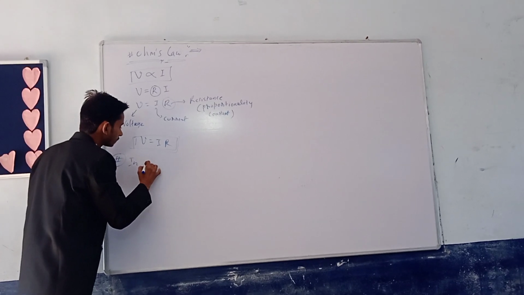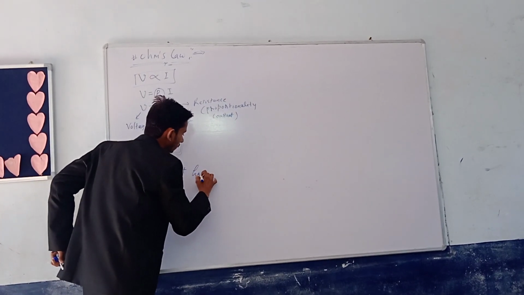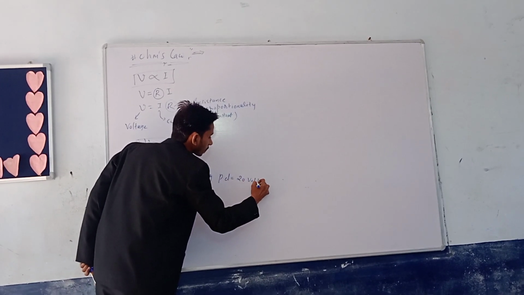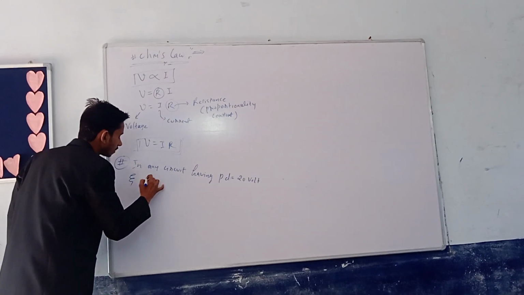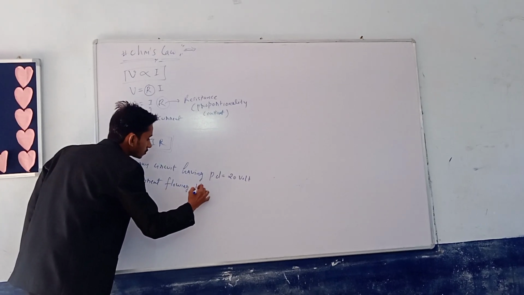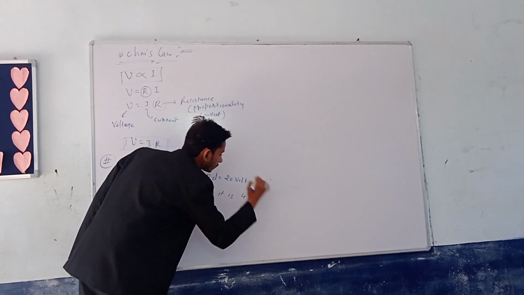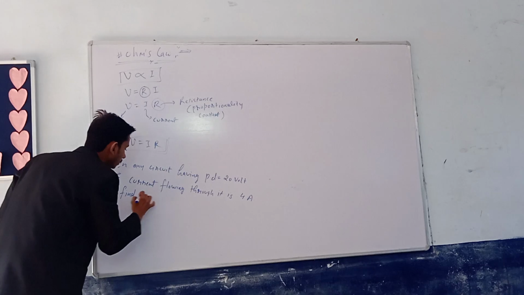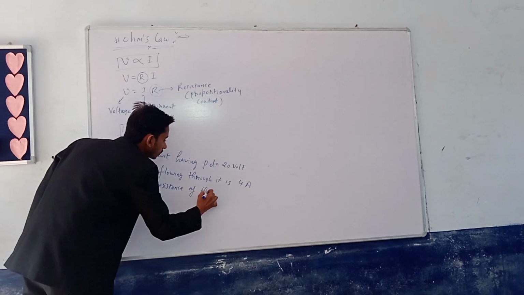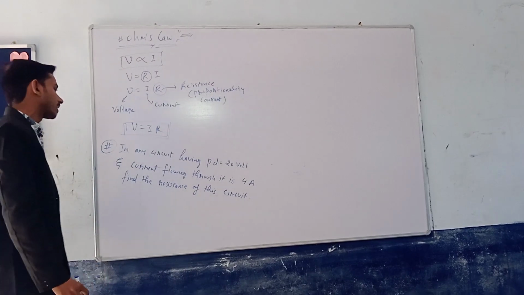In any circuit having potential difference equal to 20 volt and current flowing through it is 4 ampere, we have to find the resistance of this circuit. Actually, we have to find the total resistance connected in this circuit, right?